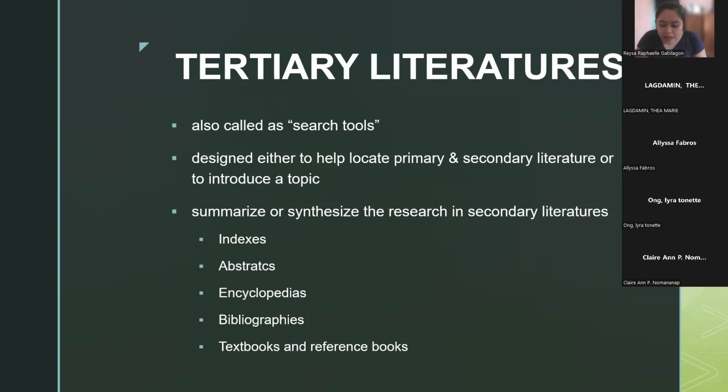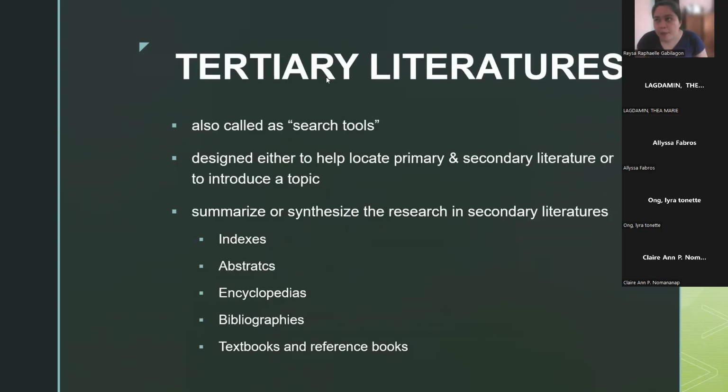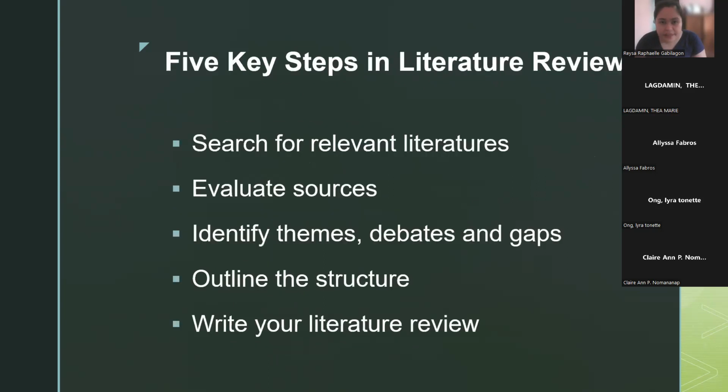Like they write information about the topic and they are not the ones who investigate it. They just also get this information from other subsequent publications. Okay? That is also true for our textbooks and references. Okay? So ito yung mga pwedeng literatures na kunan natin para mabuo yung paper natin.